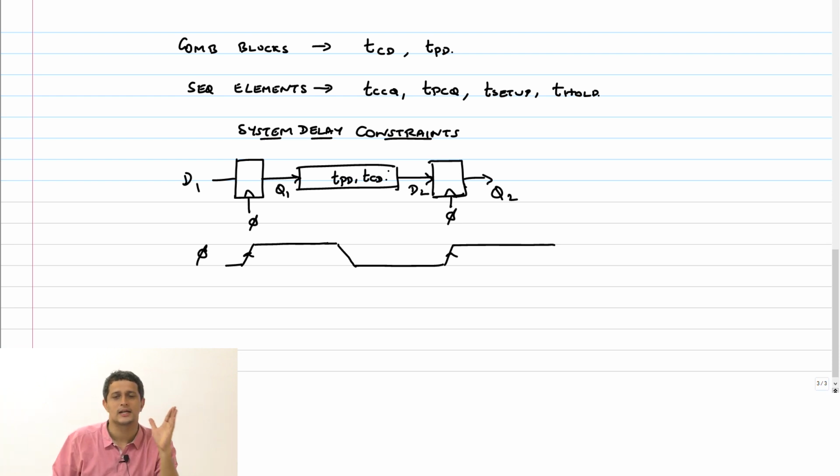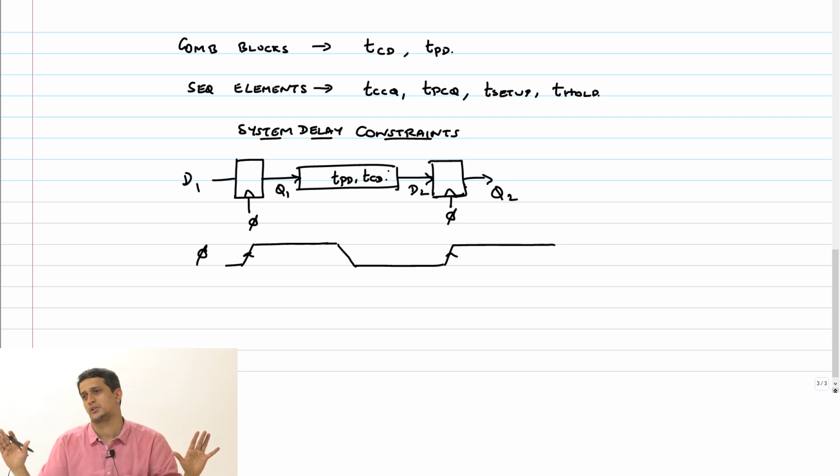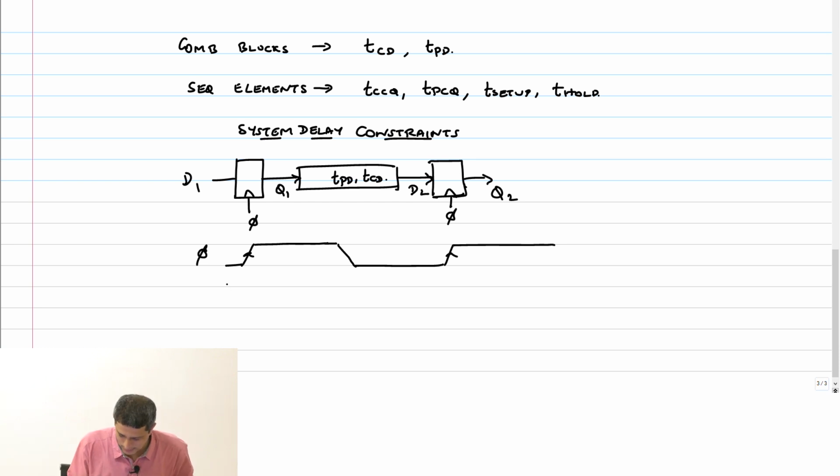So the events get sequenced as 1, 2, 3 and so on, and no event should get missed. Okay, that's the aim of putting it in a system with a launch flop and a capture flop and so on. Okay, so let's see what happens.